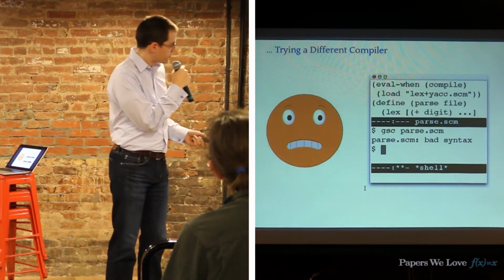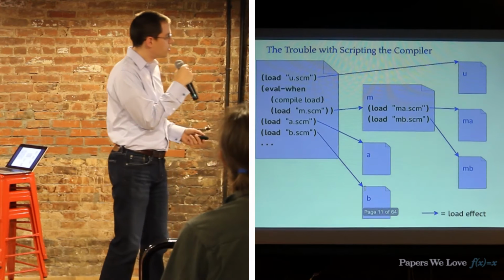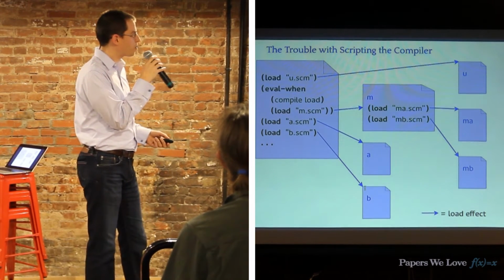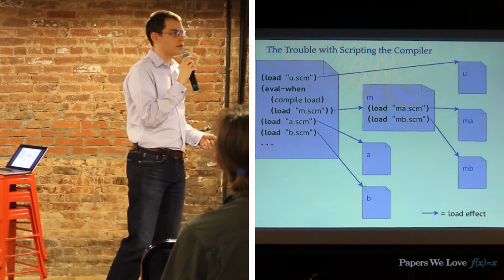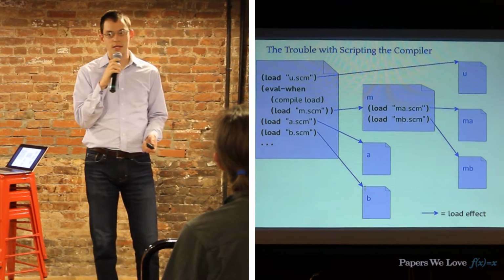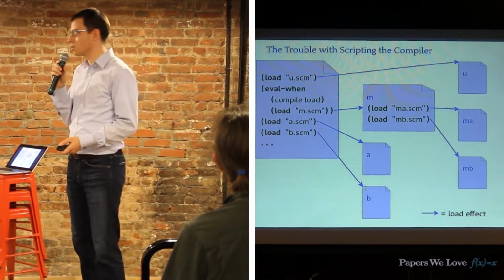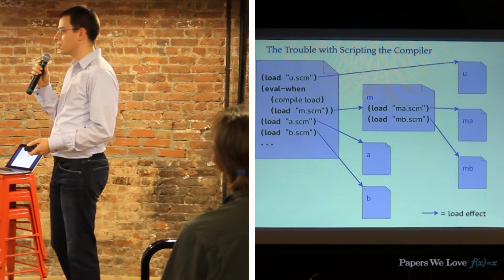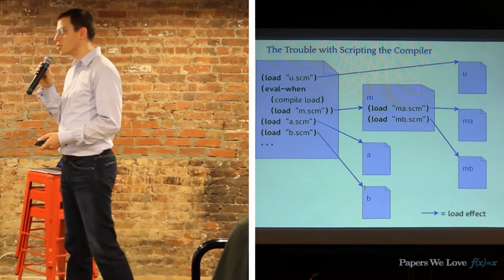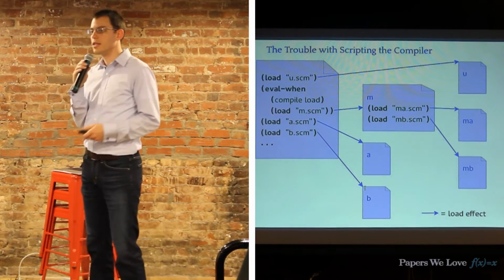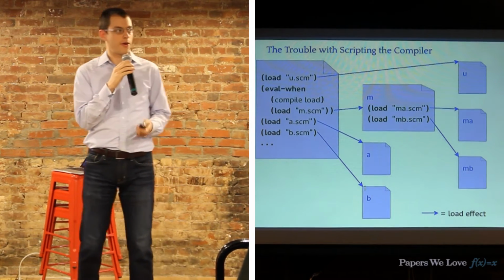So that's no good. So the problem with load is that load is about side effecting the state of the world and scripting the compiler to insert these side effects at various points.